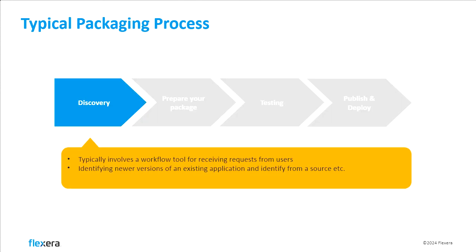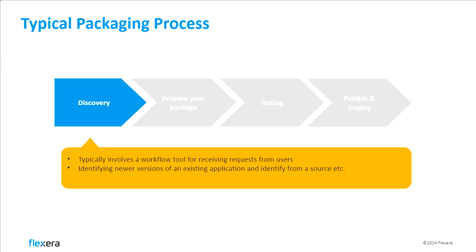All right, so any packaging process typically starts with the discovery process. It could be as simple as a colleague asking, hey, I'd like this particular software to be included in your environment. Typically, it is a little more formal, though. It might involve a workflow tool for receiving requests, it could be an ITSM tool, or another dedicated workflow tool which says an application request is coming in from a department or a particular individual.